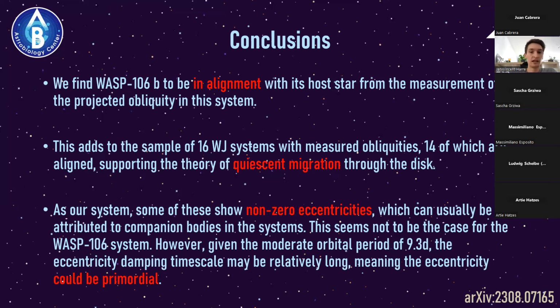However, this seems not to be the case for our system, but still, given the relatively moderate orbital period of 9.3 days, the eccentricity damping timescale might still be relatively long for this star-planet combination, and also because the star is relatively close to the Kraft break, actually a bit hotter than 6,200 Kelvin, meaning that the eccentricity could be primordial.